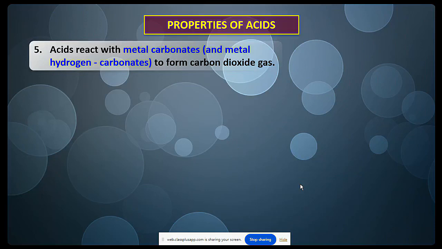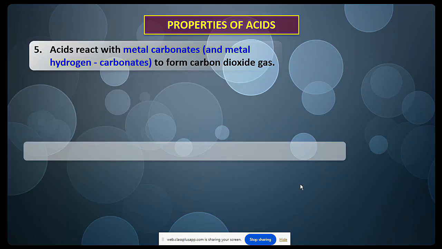Which gas gets released? Carbon dioxide. Why? Because here metal carbonates are there. Whenever acid reacts with carbonates, definitely there is a chance of liberating carbon dioxide gas. Is it right? So here acid reacts with metal carbonate and metal hydrogen carbonate to form carbon dioxide gas.